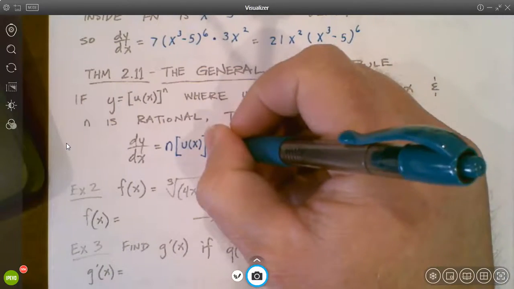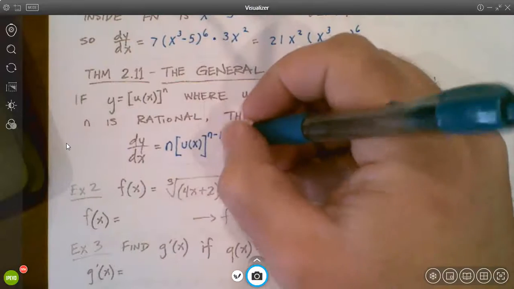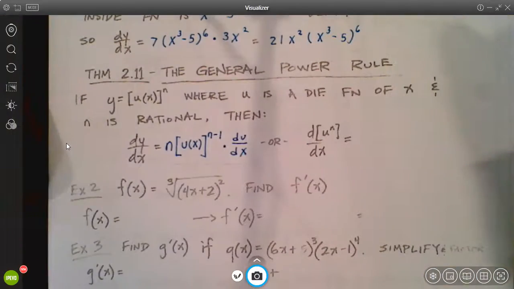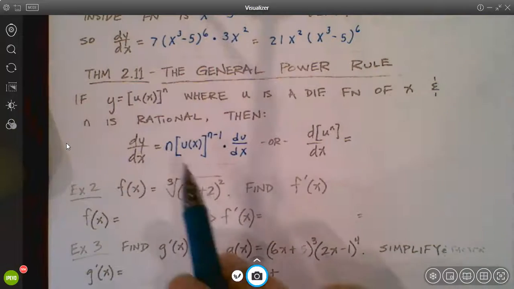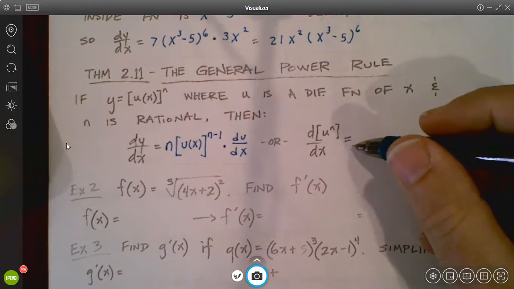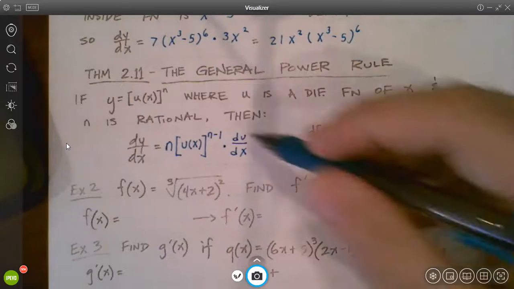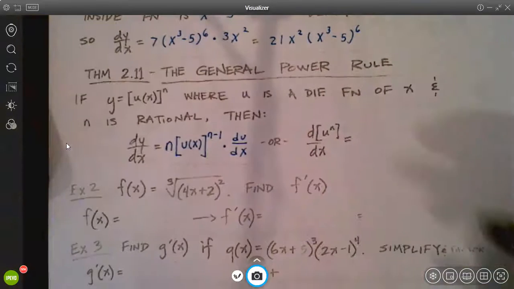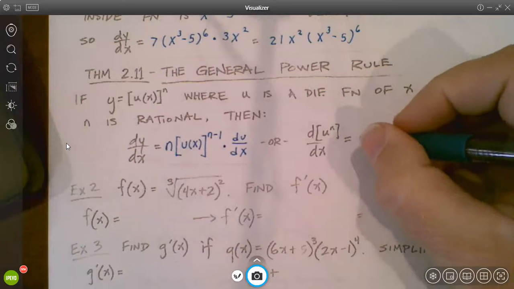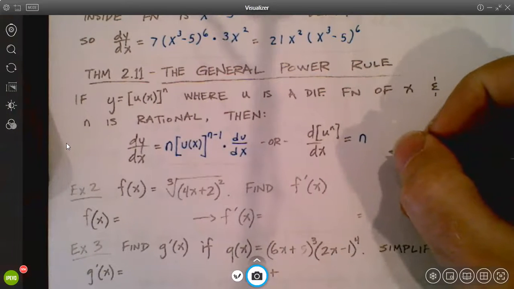And then we multiplied by the derivative of the interior function. So then we got du dx to represent that interior function. So that's the formal way of writing it. Maybe a more friendly way of looking at it, if we leave out the d stuff, is we have the exponent being multiplied to the front.